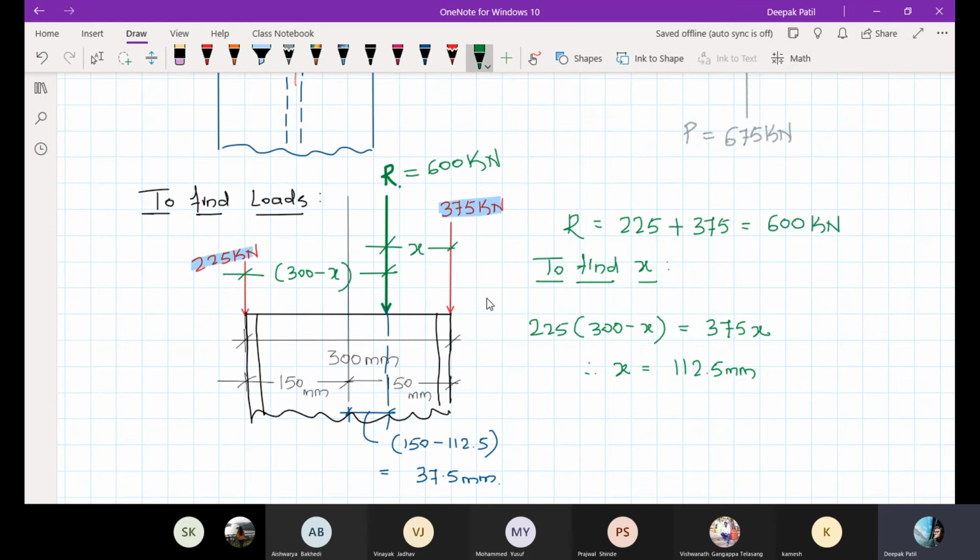If that is so, is it an axial compressive load or is it an eccentric load? Eccentric. Yes. Then what is the eccentricity? How will you calculate eccentricity?